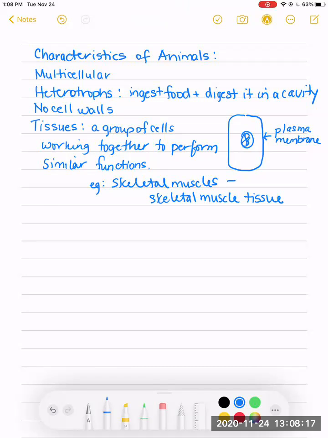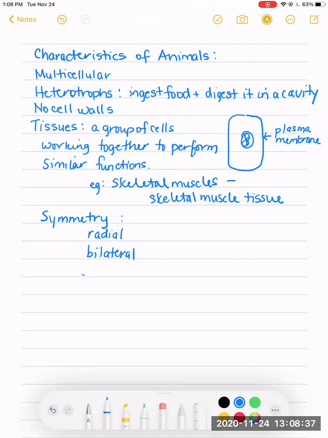Most animals have some type of symmetry. And there are two types of symmetry that we're going to talk about when we look at the animals. There's what's called radial symmetry, and there's what's called bilateral symmetry.